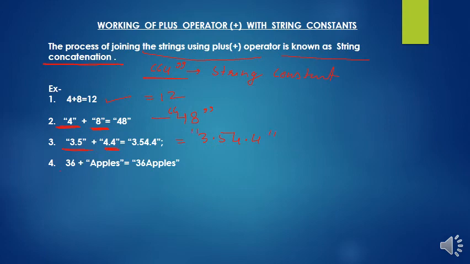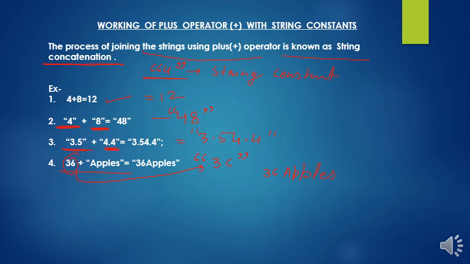Next is 36 and "apples". Here, children, Java will internally convert 36 into a string constant and then join it with apples. So it will give the output 36 apples.